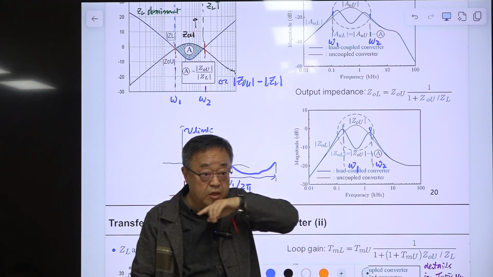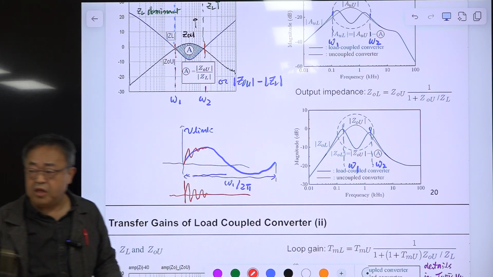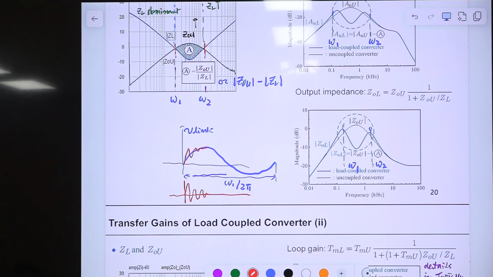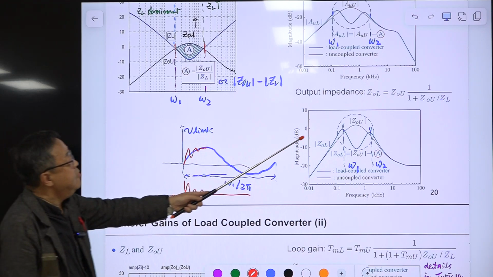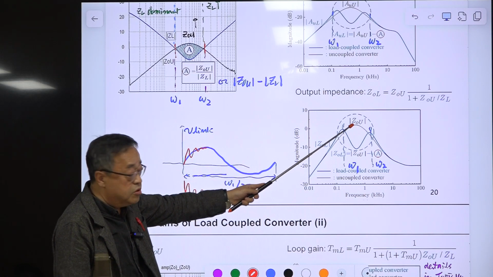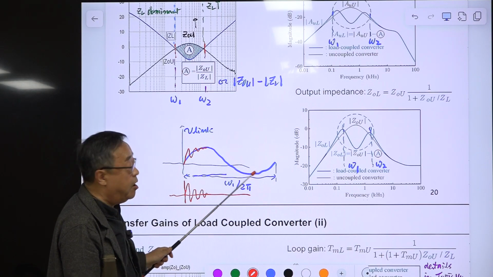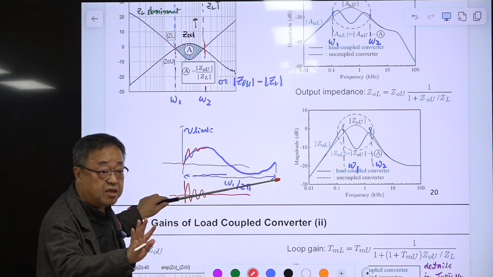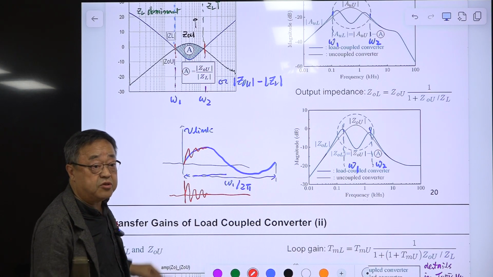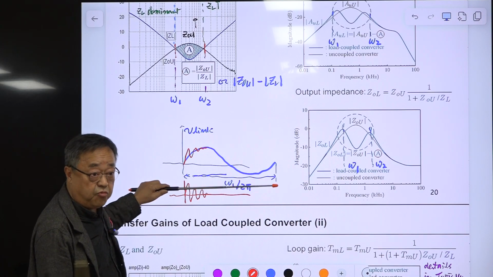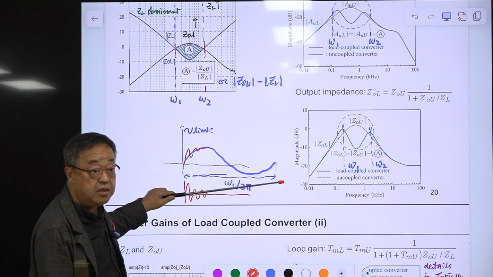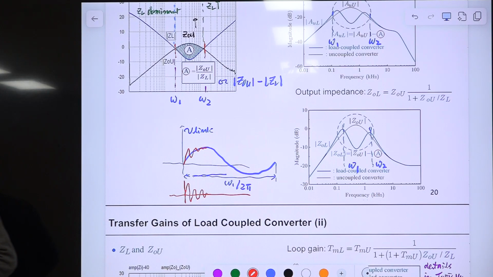Okay, so this response is very different from the response of uncoupled converter, because the output impedance of load coupled converter is very different from this uncoupled converter. So this should come out. Okay, this is something not surprising you. This is a natural thing. This is what you should expect.